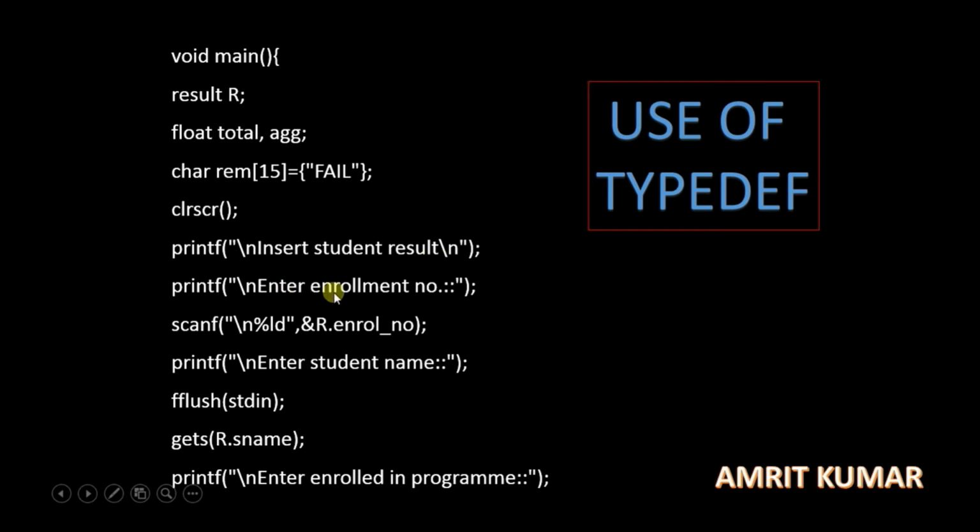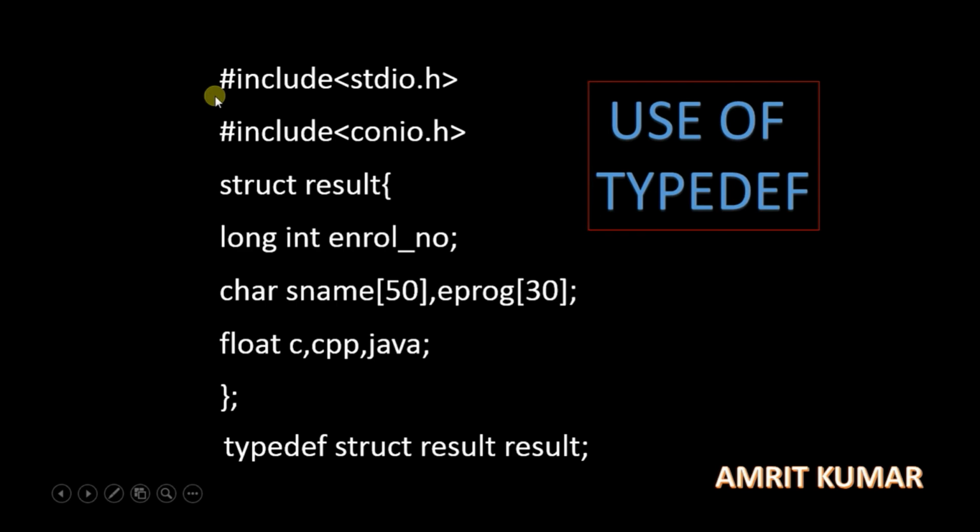And after that I am using the concept that the user is going to enter the enroll number, and that number I am going to store in the result's enroll number, because R contains the result, and because the result is actually a typedef variable which contains the struct result. It means it contains each and every member of the result data type that we have created.